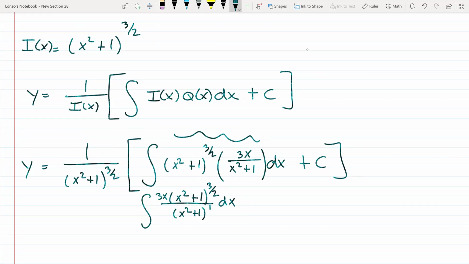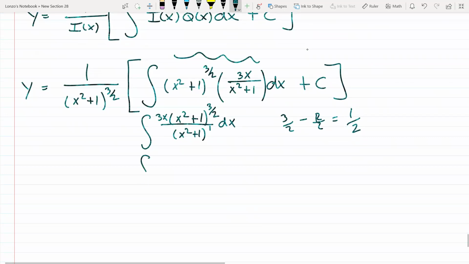So what's 3/2 minus 1? Or 2 over 2, that is 1/2. So you can rewrite this. The 3 is a constant. You can take that out if you like. And then we can simplify this as x squared plus 1 to the 1/2 dx.